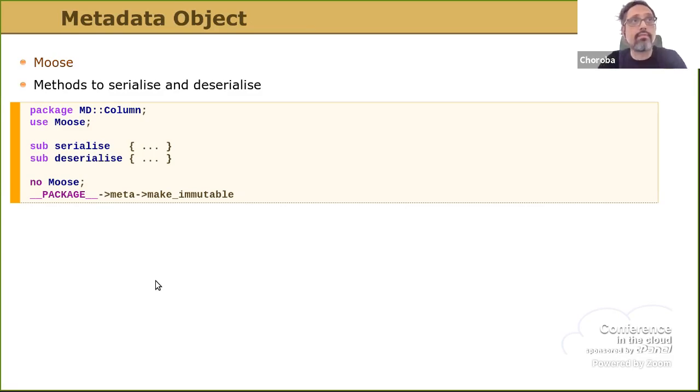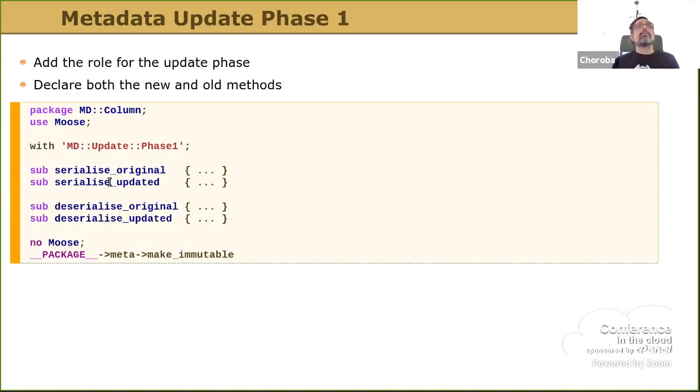Okay, so how is this done? The metadata object is a Moose class, and among other things, it always has these two methods to serialize and deserialize the structure. So what we did, we created a role that you apply to the metadata object, and you specify, instead of the serialize and deserialize methods, these four, where two of them are the original ones and two of them are the new ones, which handle the old and the new schema.